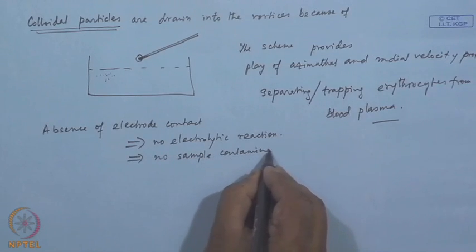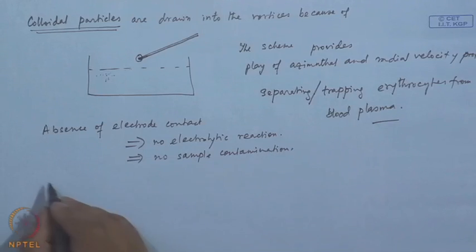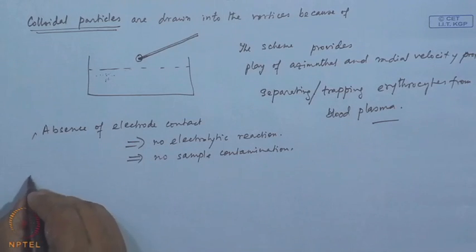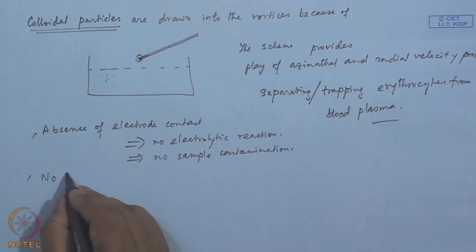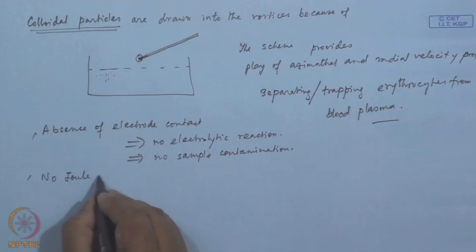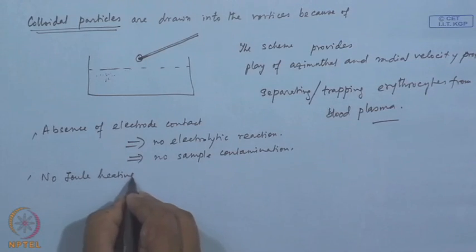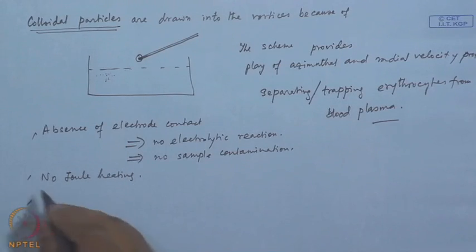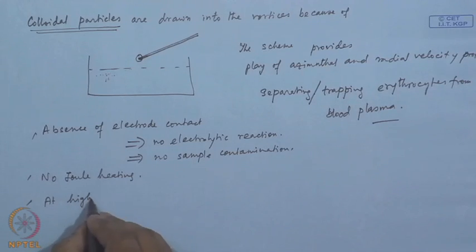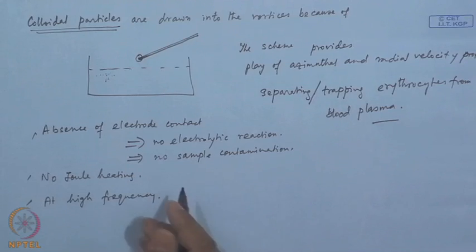Then the other point is no Joule heating. Then this operates at high frequency. So, the advantage that is put forward is less chance of electrocution.